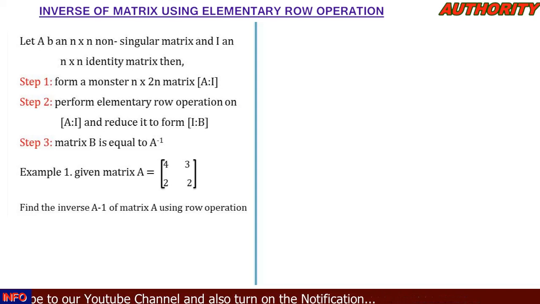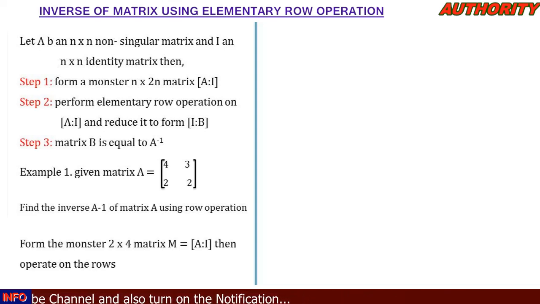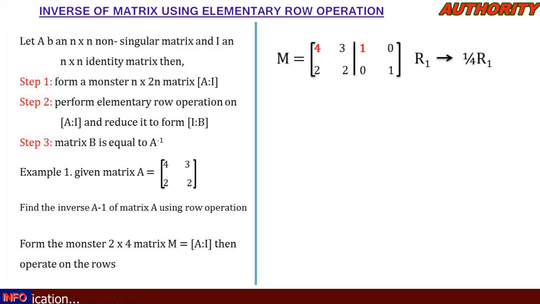The first step we're going to take is to form the monster 2 by 4 matrix M. That is, we're going to have matrix A on this side, and then the identity matrix on this side. Then we're going to perform the row operation. Let's form it.